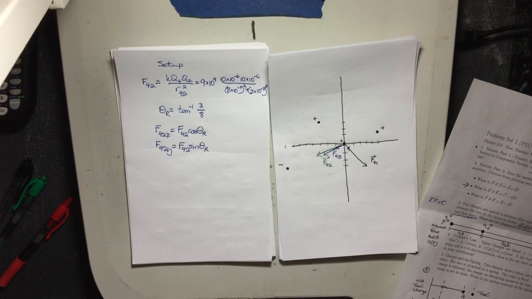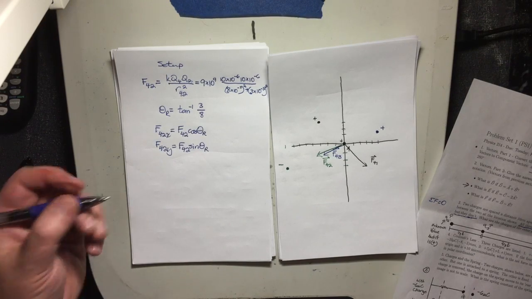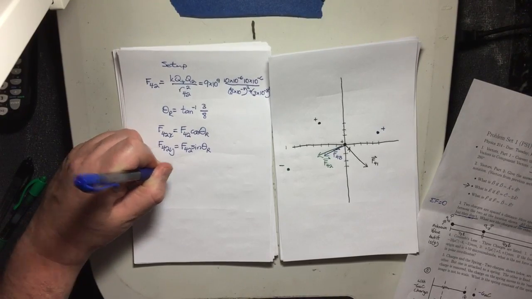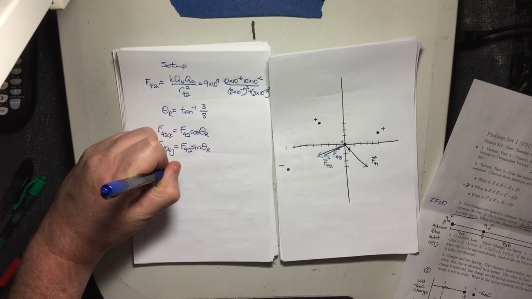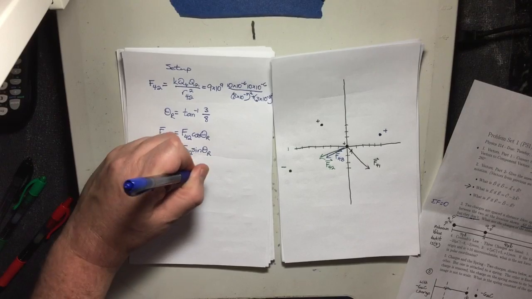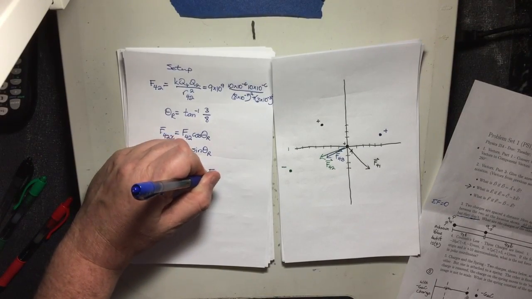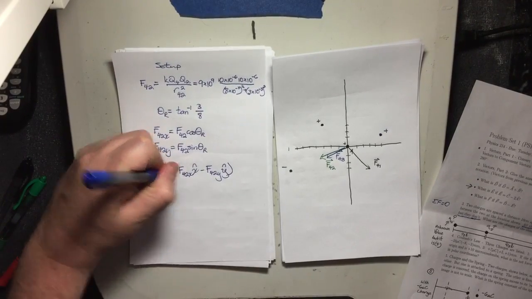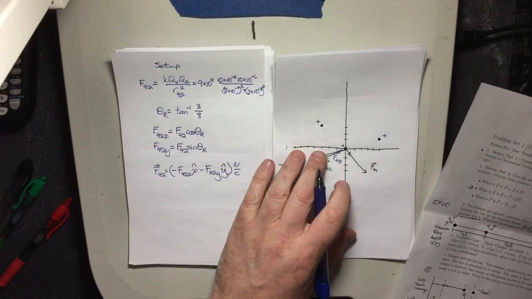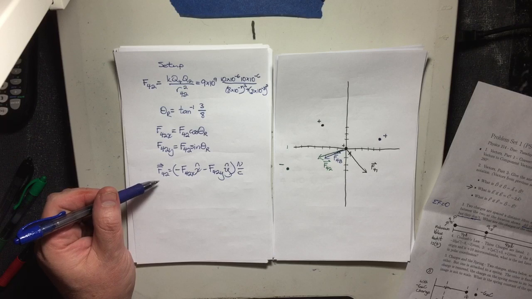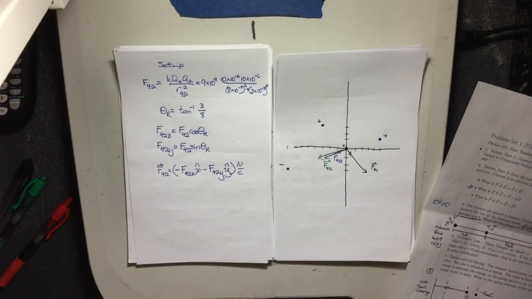Those are the magnitudes of the force components. You now know that this is a third quadrant force, so F42 would be minus F42x x hat minus F42y y hat. And what I've done is I've outlined how to get F42 as a vector in component notation.